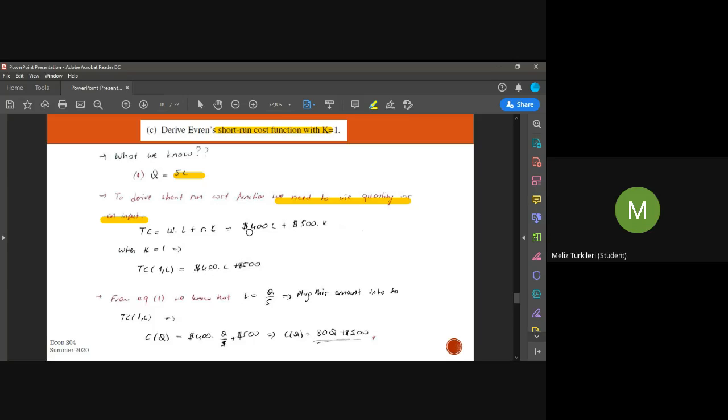I know the wage and rent information, and I plug them into the equation. I know that K should be equal to 1, so I also plug this level into the total cost function. And I find a simpler version of the total cost function. This one. Okay.